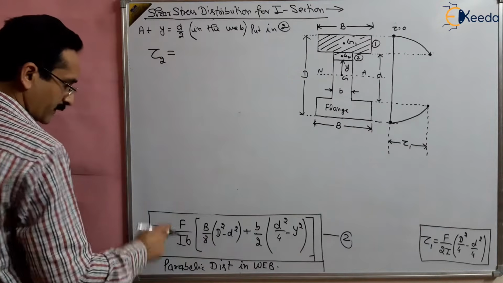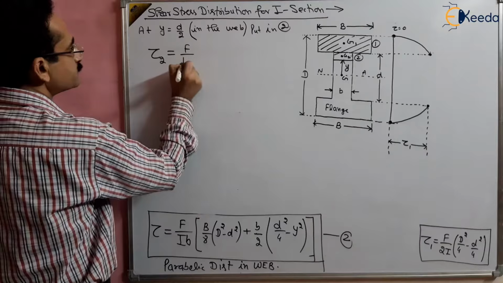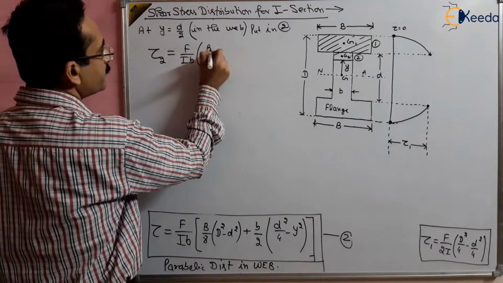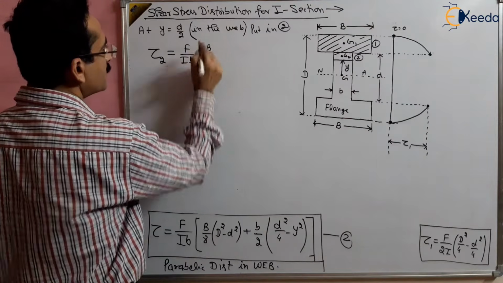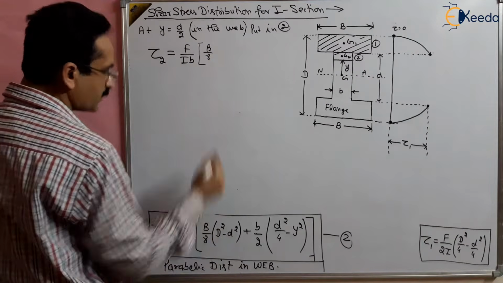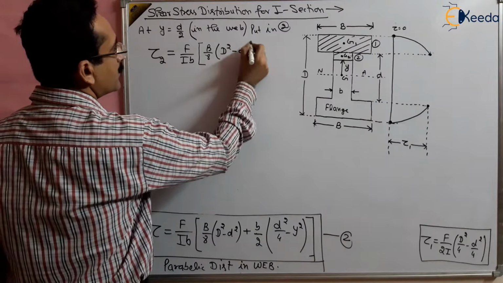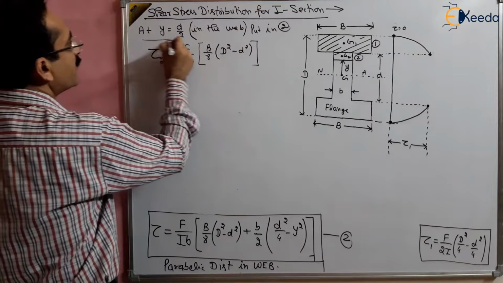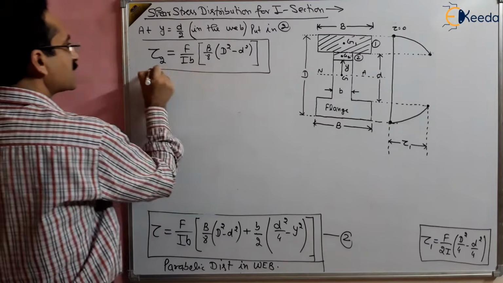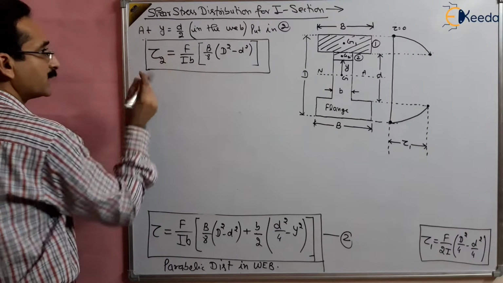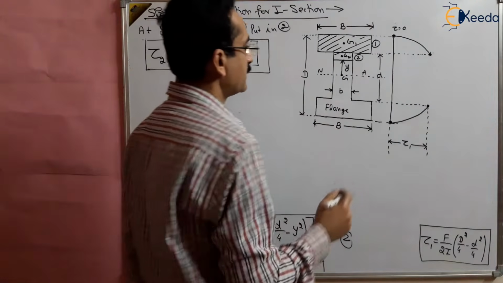That will be equal to f by ib, b by 8, d square minus d square. So this is the value of shear stress in the web where the flange and web meet, right?